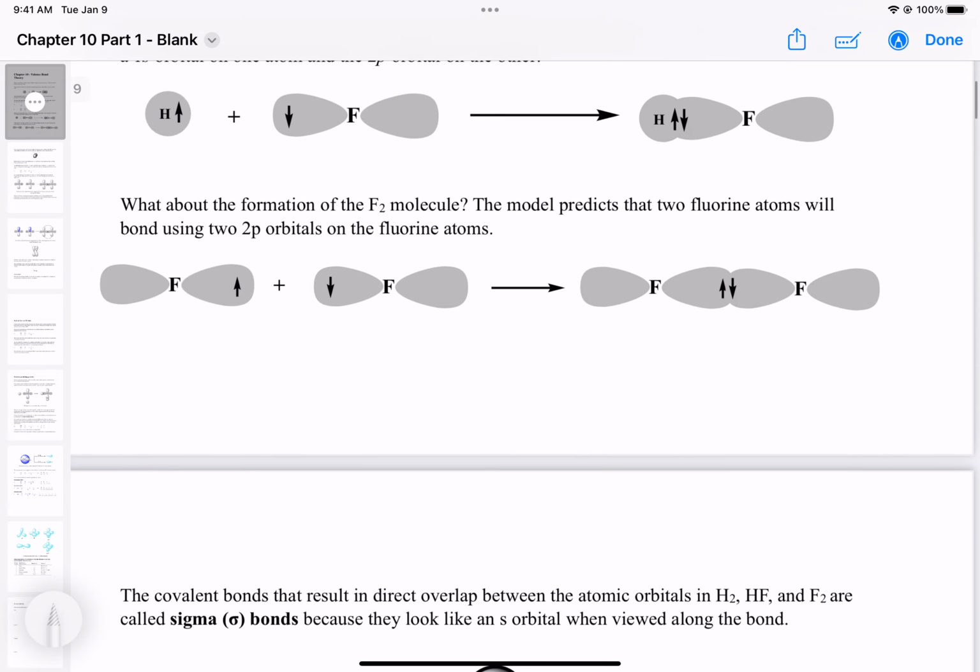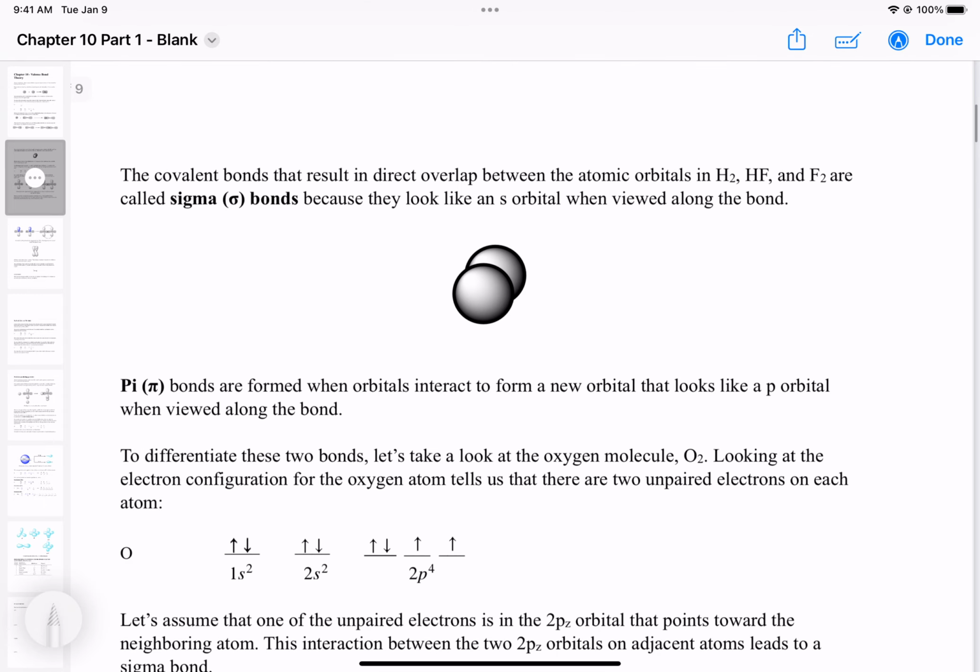The result of 2 orbitals overlapping, we call that a special kind of bond, and that's called a sigma bond. Sigma bonds are covalent bonds produced from the direct overlap between 2 atomic orbitals, in H2, HF, and F2.